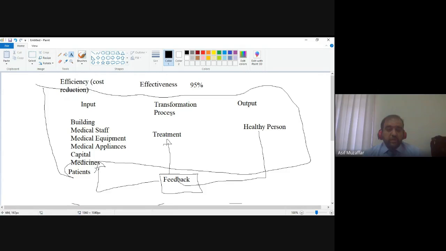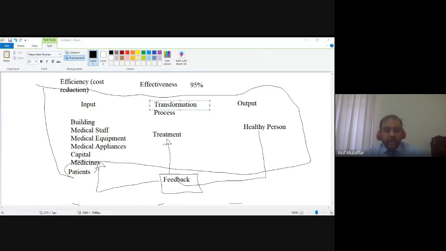Now, efficiency means in my transformation process, I will try everything to reduce the cost of my product. For example, I am making shirts, garments in the factory, and I am the operations manager. I see my workers working on the machine, but they cannot properly see the stitch, so sometimes they make a problem.